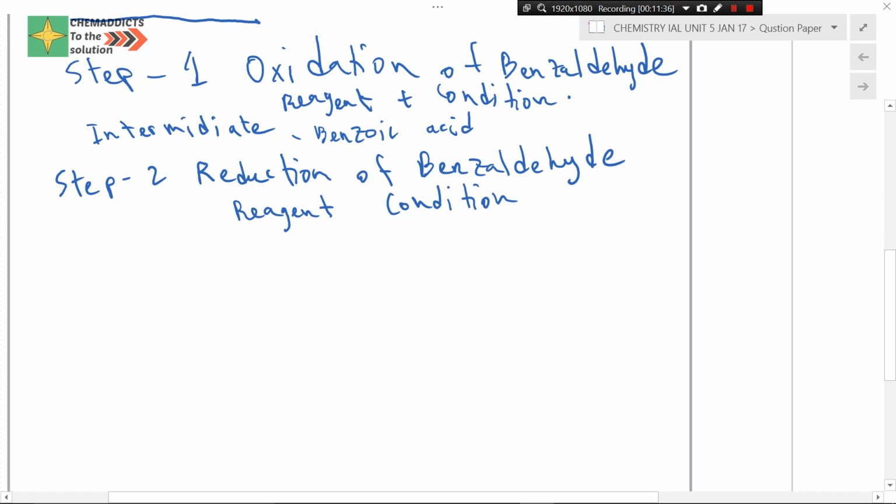Under dry ether we apply lithium aluminium hydride. The intermediate here is phenyl methanol, CH2OH.